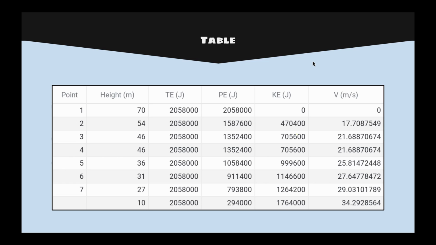And the same goes in the opposite direction for kinetic energy, because it starts off at 0 because it's not moving, and then from there it just increases as the roller coaster gains speed from 0 meters a second. It's going to go up and up until it reaches a maximum of 34 meters per second at the very end.